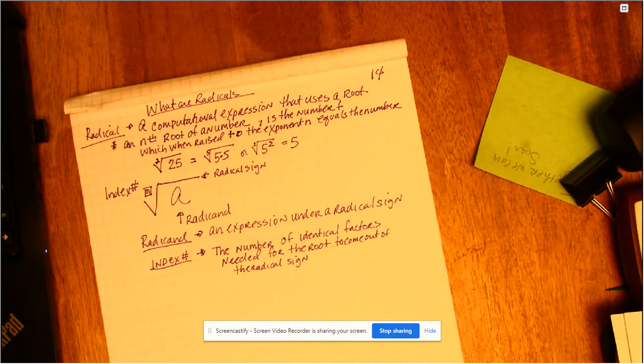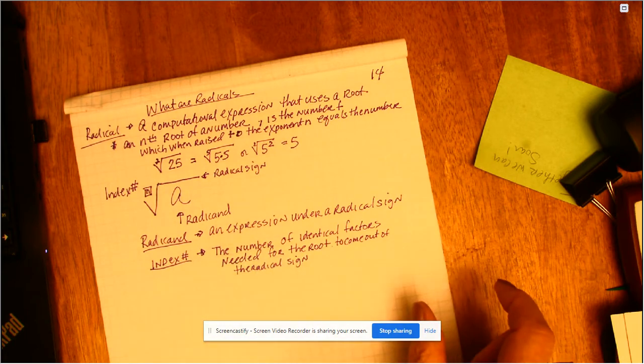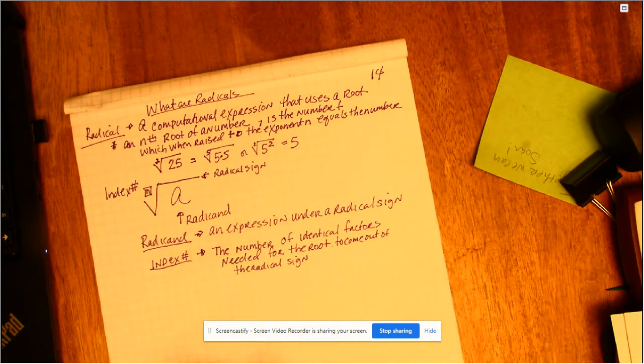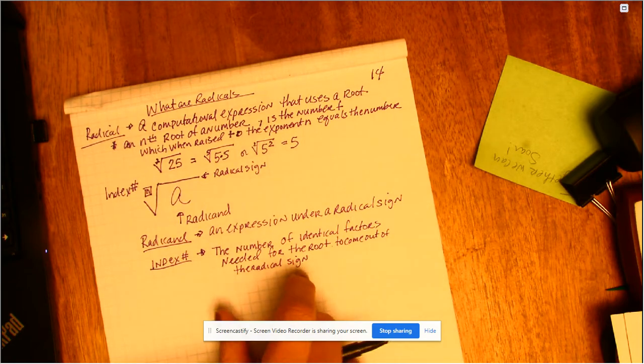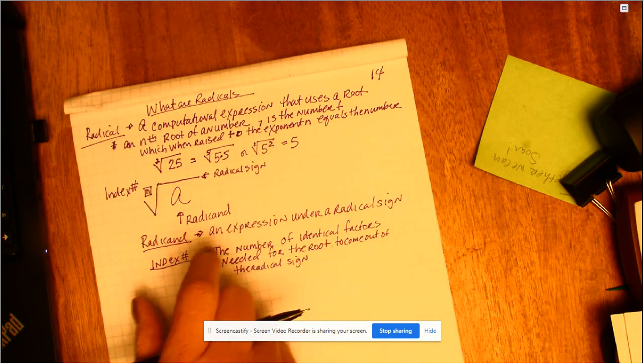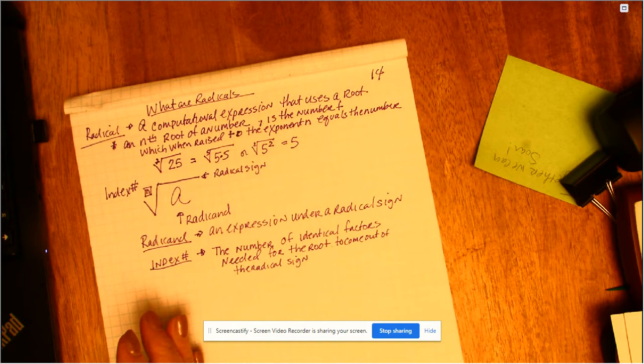So with an exponent, it showed us how many times a base number should be multiplied by itself, whereas an index number is going to tell us how many times a factor must exist under the radical sign in order for it to come out. So we're going to be digging back to some of the things we learned in 6th grade about prime factorization.